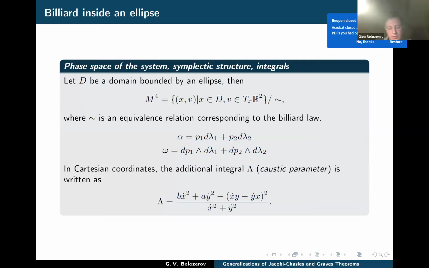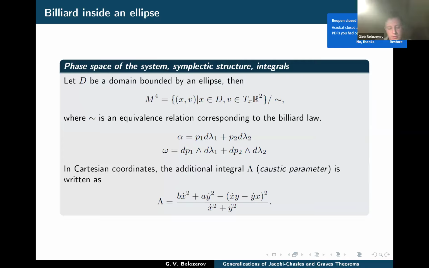Let F be a fixed point whose coordinates satisfy these properties: x squared divided by a minus c is equal to 1, y and z equal to 0.